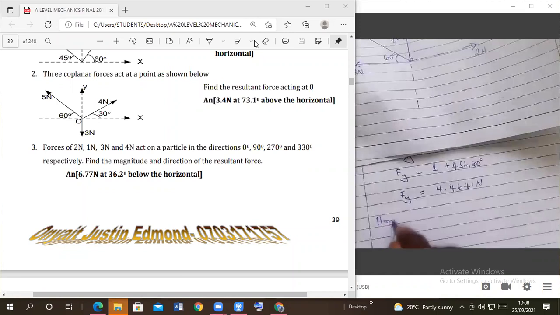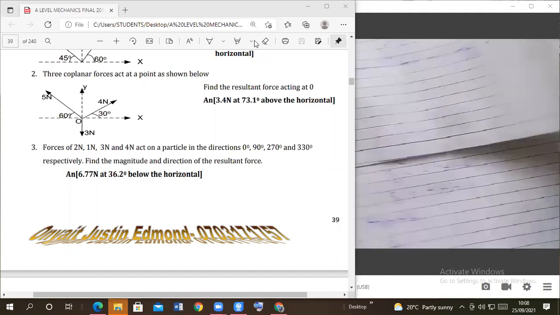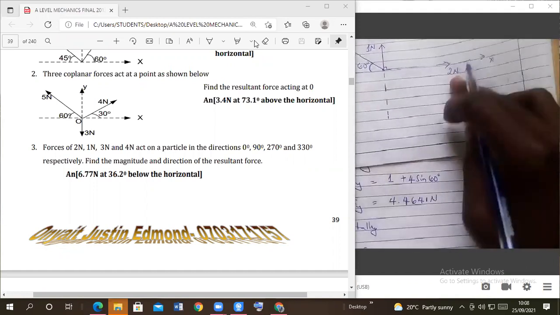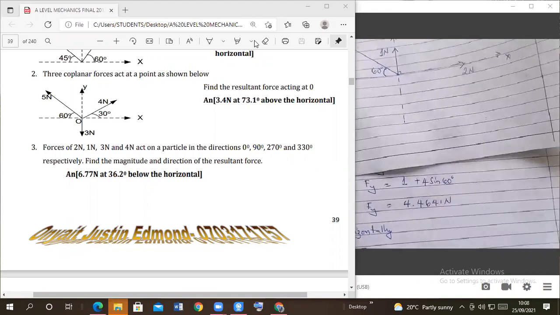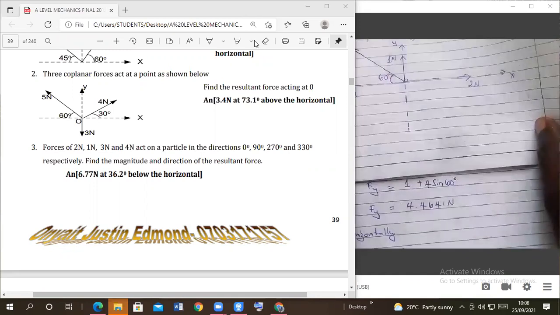Horizontally, Fx. The first one we have is 2 Newton. So 2. Now, members, when you look at this, it is the negative side of x.